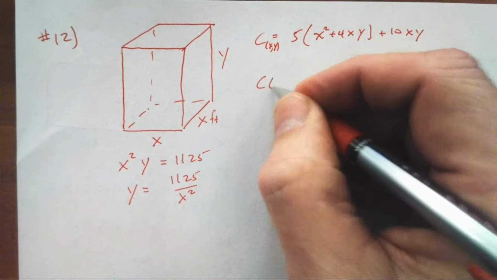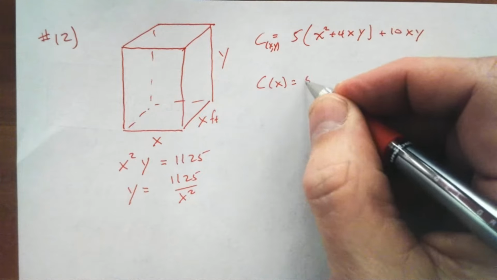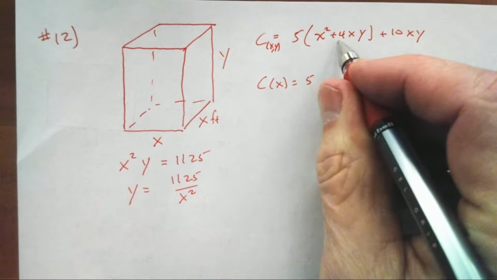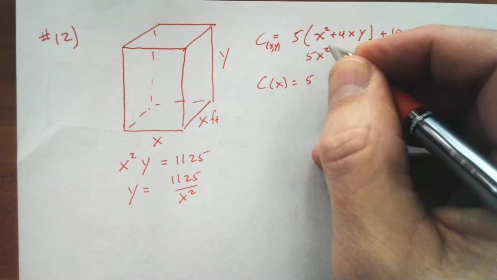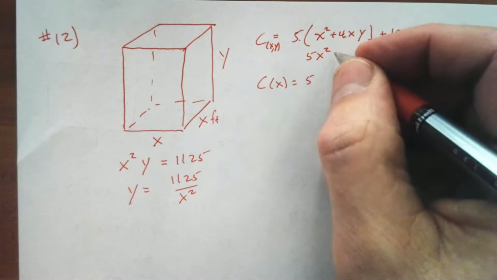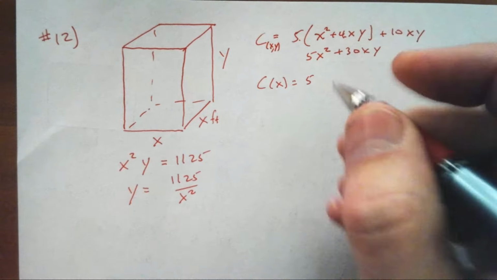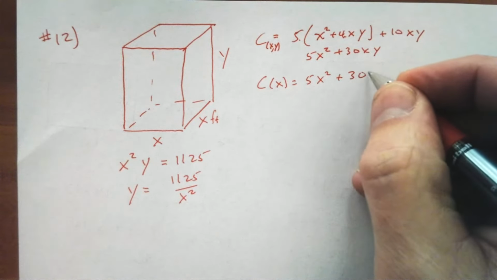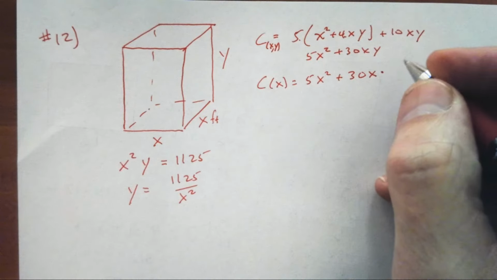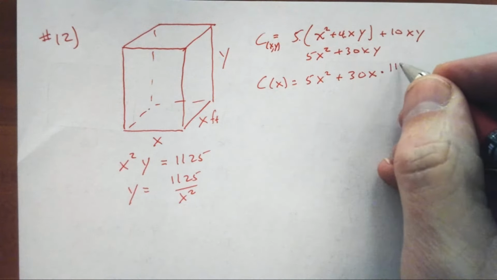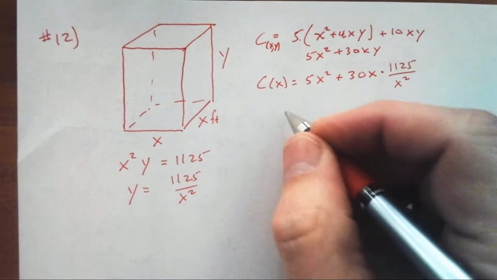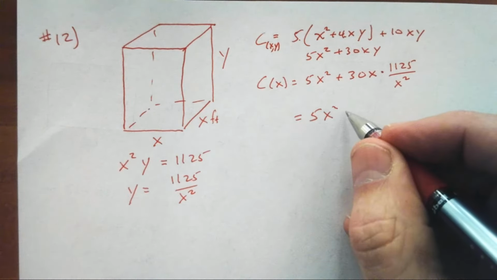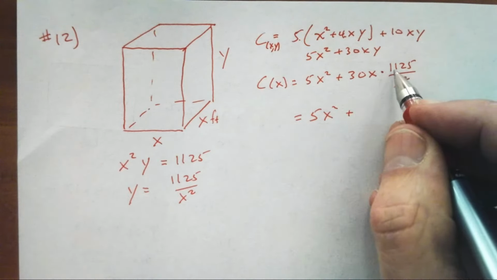Actually, I'm going to simplify one step first: I've got 5x squared plus 20xy plus 10xy, which is 5x squared plus 30xy, which we're replacing with 1125 over x squared. Or we get 5x squared plus 30 times this.